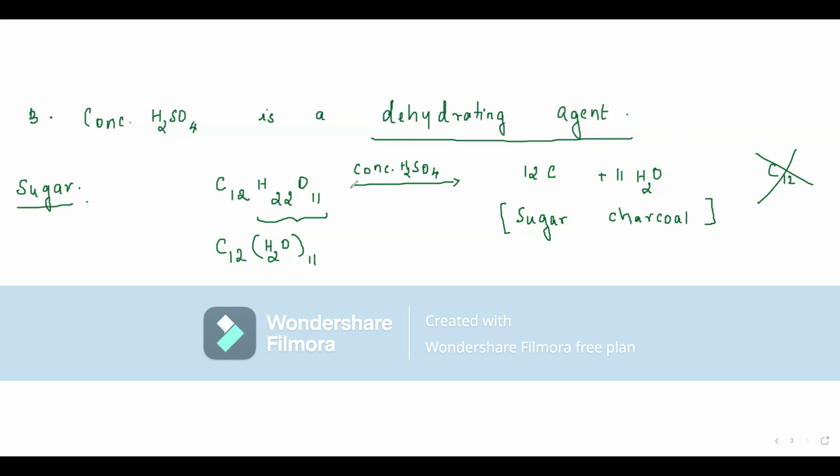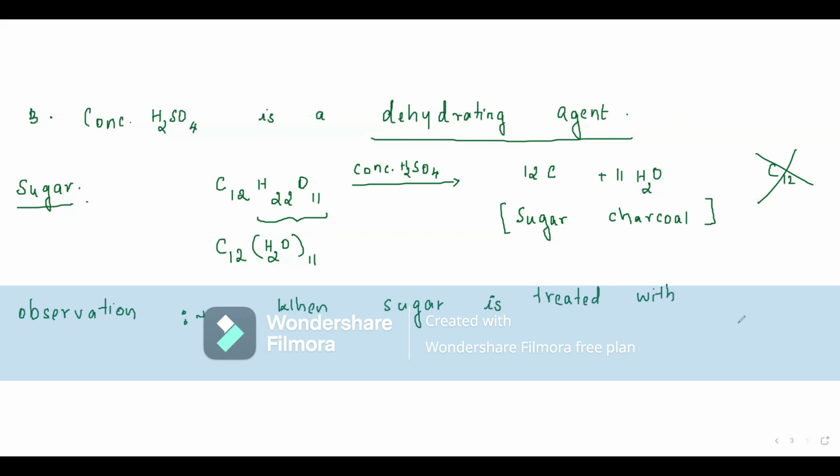Another possible question here is, instead of the balanced equation, they can ask you to write your observation. What do you see when concentrated sulfuric acid is added to sugar crystals? This sugar charcoal is what you get to see, but there is a particular way to present your answer.